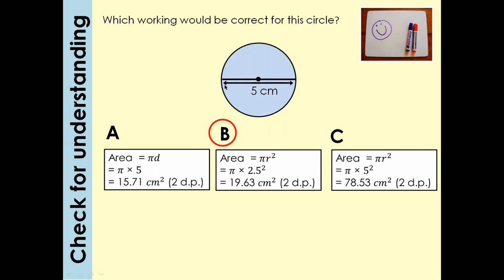In this case, they've given you the diameter, so you have to halve it first to find the radius. So the radius is going to be half of 5, which is 2.5, and you square it. That's going to be pi times 2.5 squared, and that is going to be your final answer to 2 decimal places.